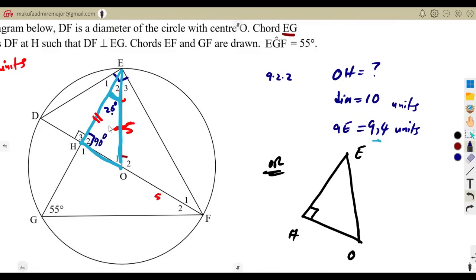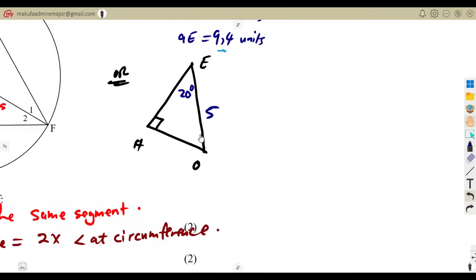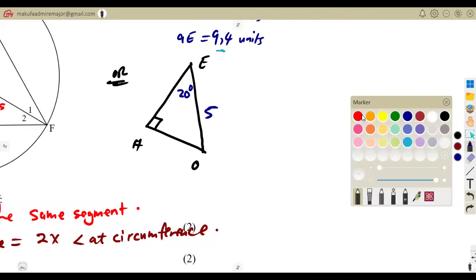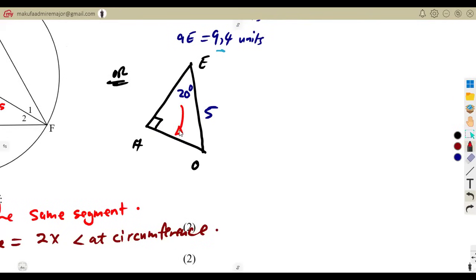And there's also an angle inside. Remember, when we calculated this, we say the angle at E is what? Is 20 degrees. And we know that EO is 5 units. So using the concept of a right angle triangle, we can calculate, guys, the length of OH according to the angle that we are given, 20 degrees. What is that we have? Opposite. What about 5? 5 does not change, the hypotenuse.